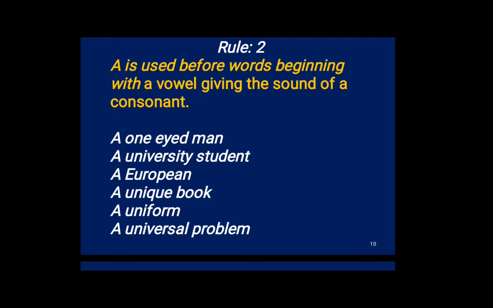Here the sound is a consonant sound. Remember, though the first letter of the word is a vowel, because we hear a consonant sound, we use the indefinite article a before that word. That is rule 2.